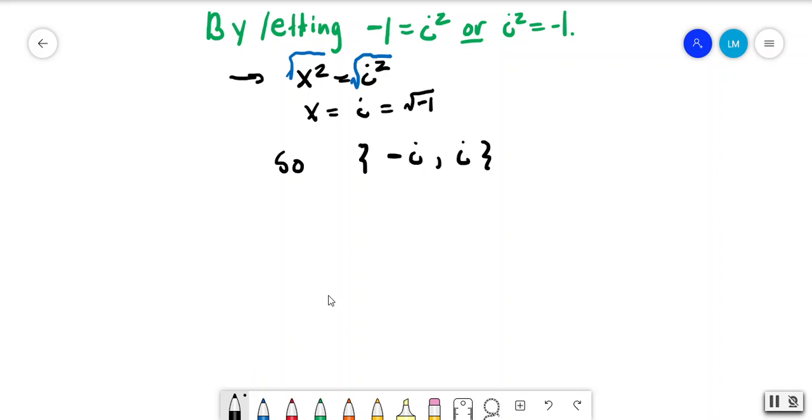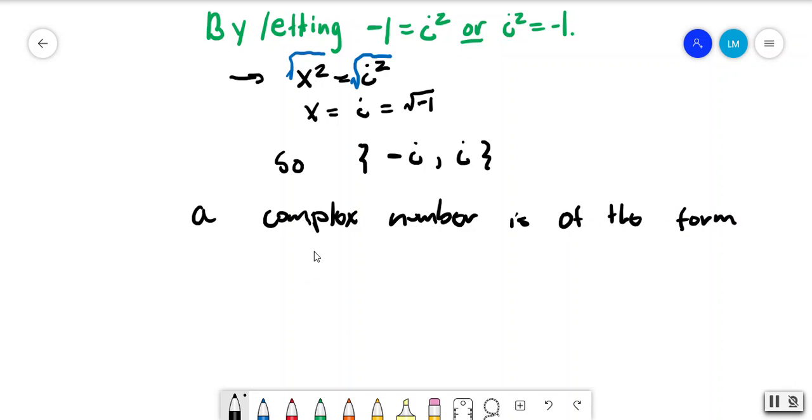Now, in general, a complex number is of the form a plus bi.